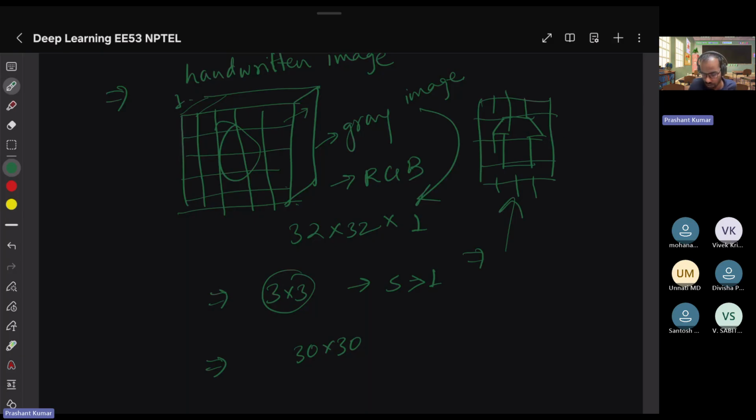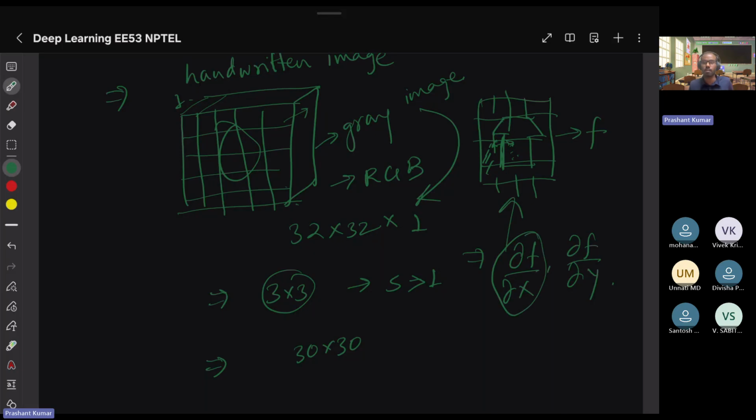So what will you do? You will call this f, and you will calculate the dou f by dou x and dou f by dou y, and whatever the gradient is, that gradient is giving you the edges. Basically, the edges where the overall color changes. Let's say this is a gray image, and wherever there is an edge and a white color, there is a high gradient at this, right?